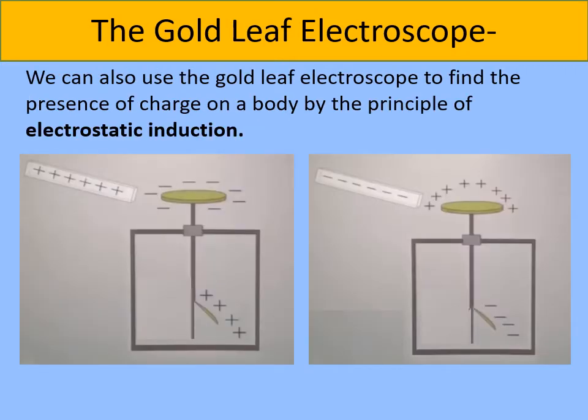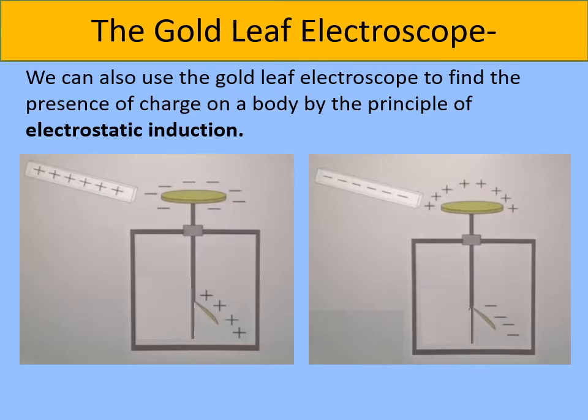Now, we can also use the Gold Leaf Electroscope to find the presence of charge on a body by the principle of electrostatic induction. This is different to actually bringing the rod and touching it onto the metal cap. Here we are not touching the body or the rod with the cap.